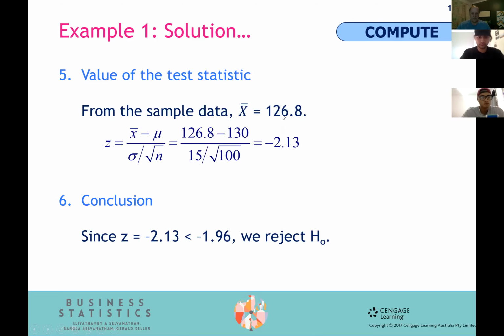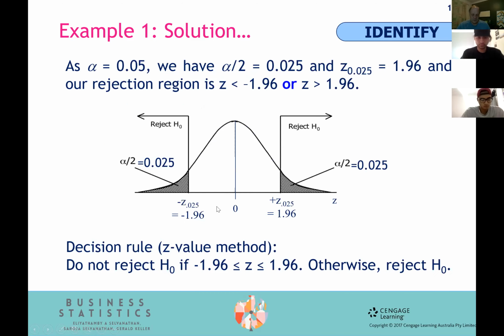So now, Mike, if you look, 126 sits about here. Just with your eye, do you think we should reject it? No, because it's in this region. So let's see what conclusion.